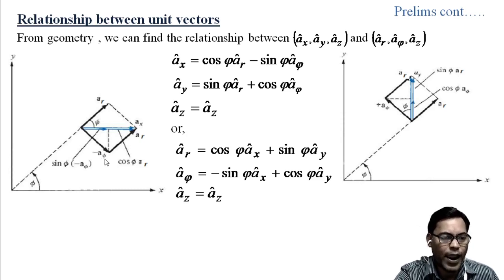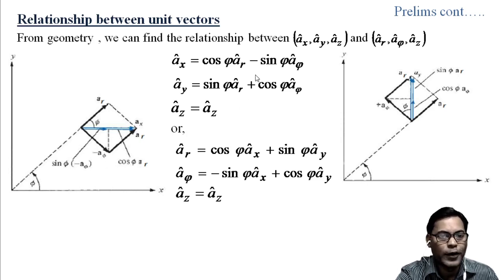Now we want to find out the component of minus aφ along the x direction. Here you see that ar and aφ are at 90 degrees. So the angle between x and minus aφ will be 90 minus phi. If this is 90 minus phi, then what will we get? That is minus of aφ cos of 90 minus phi.